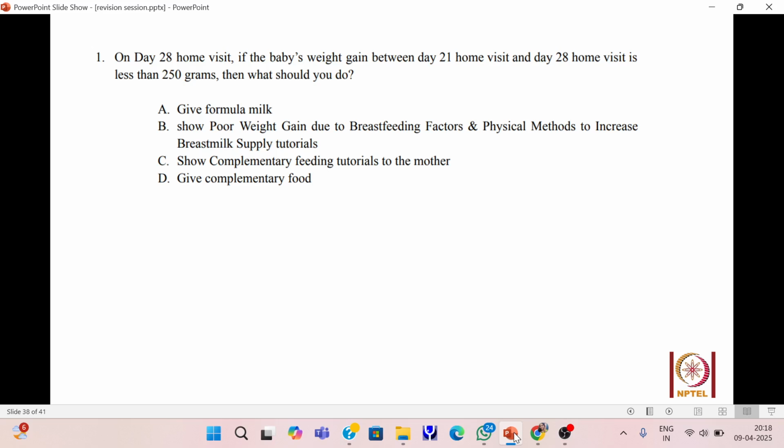Moving on to the next question. On day 28 home visit, if the baby's weight gain between day 21 home visit and day 28 home visit is less than 250 grams, then what should you do? Give formula milk, show poor weight gain due to breastfeeding factors and physical methods to increase breast milk tutorials, show complementary feeding tutorials to the mother, give complementary food.